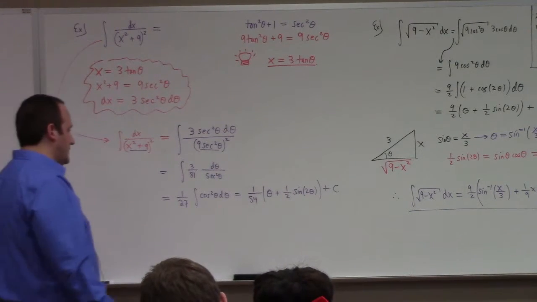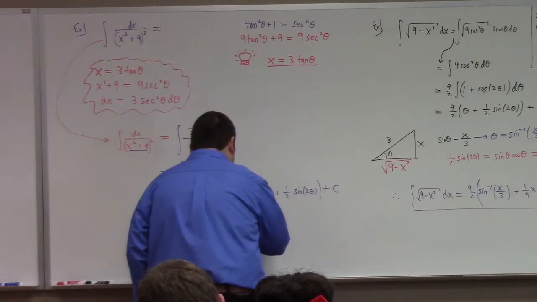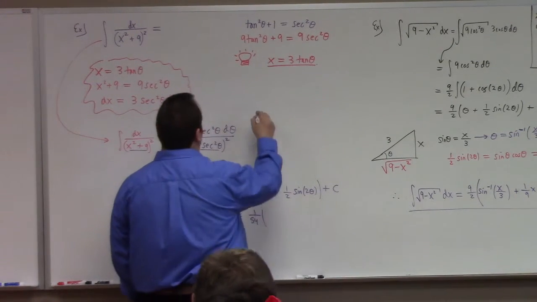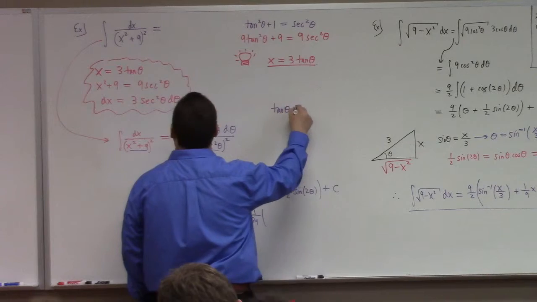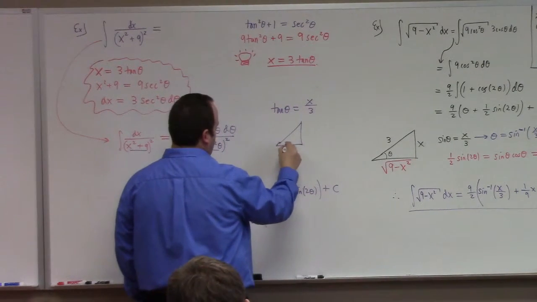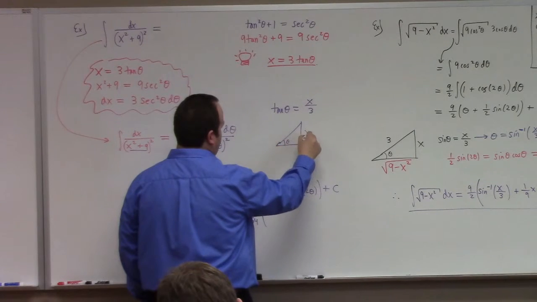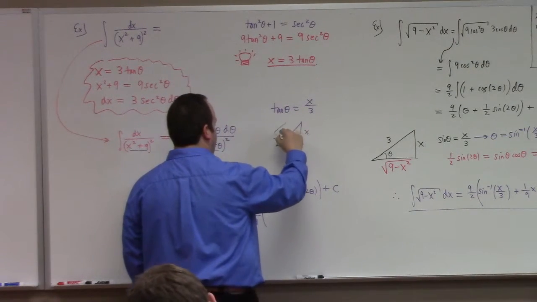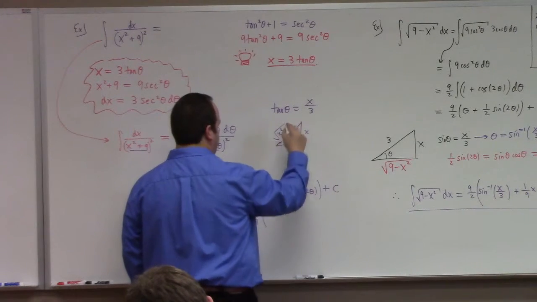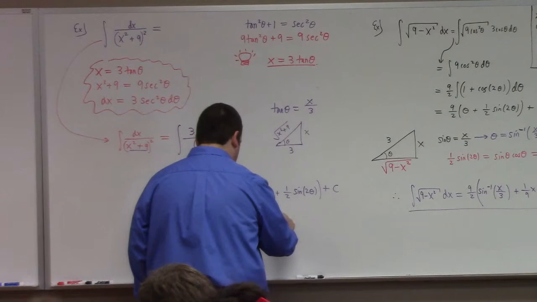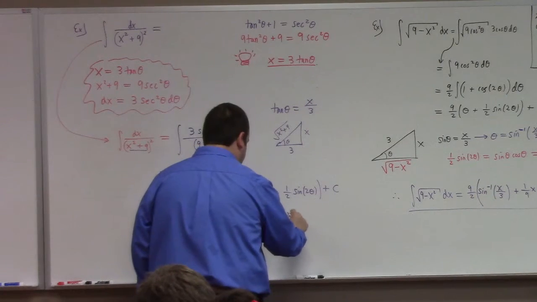Now, let me put the finishing blow on it. 1 over 54, tangent theta is what? X over 3. So I draw my little triangle. I've got theta, opposite side is x, adjacent side is 3. Hypotenuse is the square root of x squared plus 9. And so I've got myself inverse tangent of x over 3.